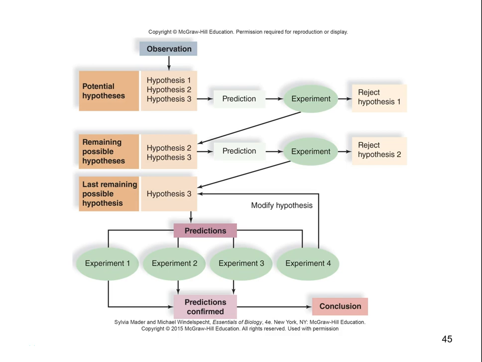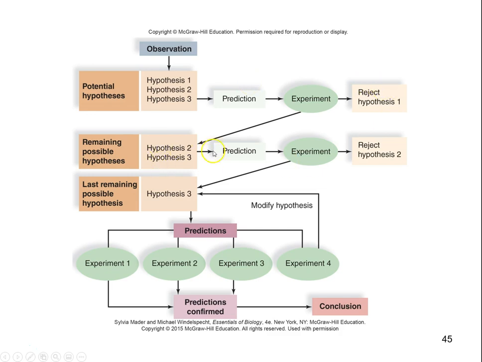I think you look at it and you're like, what? But if you look at it a little more closely, it does sort of make sense. This is basically showing you, hey, you made some observations. You then developed a couple different hypotheses based on those observations, right? You made a prediction. You then conducted an experiment to test the hypothesis, or to see if your prediction was right. And then from those experiments, you ended up rejecting hypothesis 1.